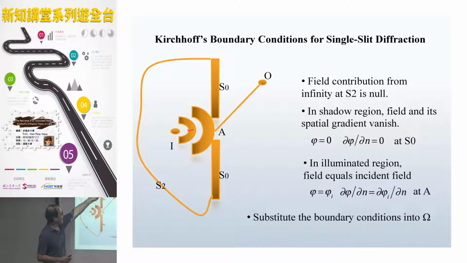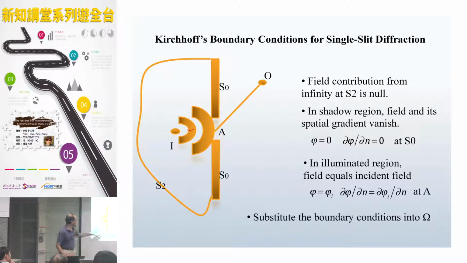The spatial derivative of phi, ∂phi/∂n, should also be 0. So that's one boundary condition Kirchhoff made. The other boundary condition, on the aperture A: Kirchhoff assumed that phi should be equal to the incident field, and ∂phi/∂n, namely the spatial derivative of the field with respect to the normal direction, should also be equal to its counterpart in the incident field. In other words, there's no contribution from S0, and the contribution from A is just identical to the incident field.